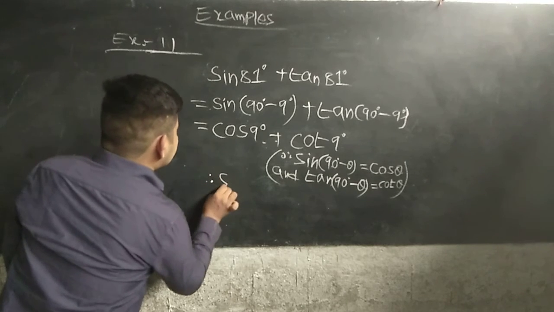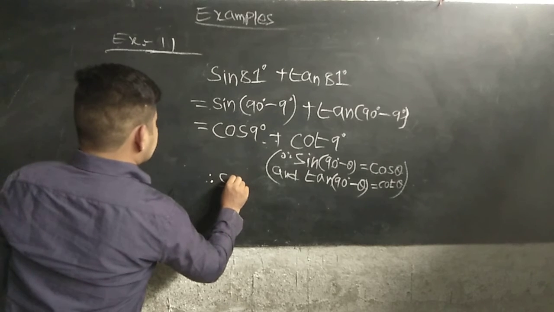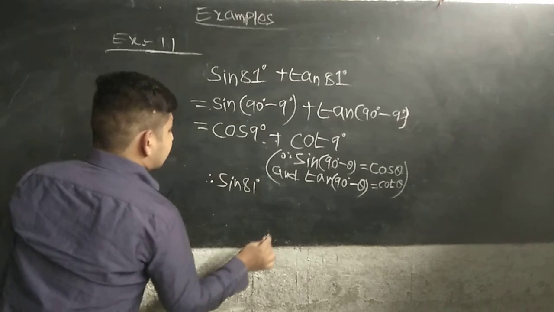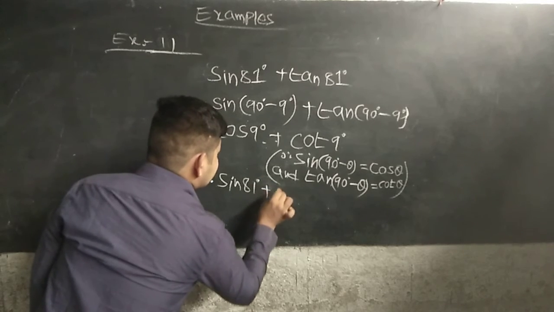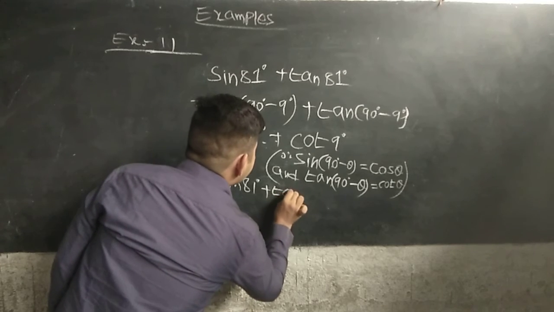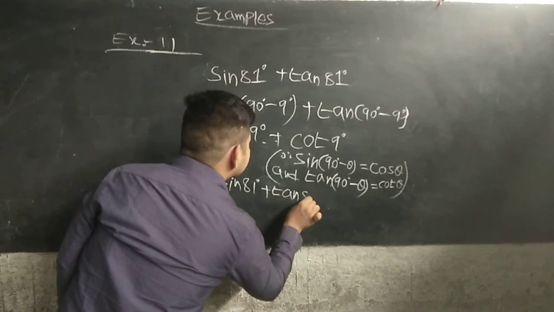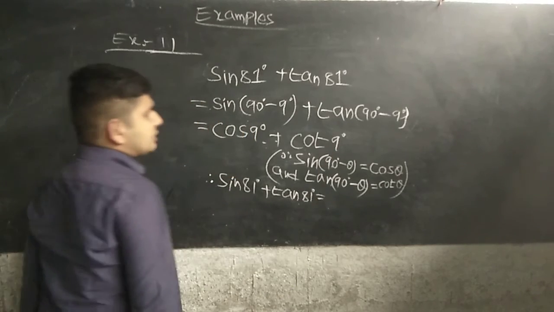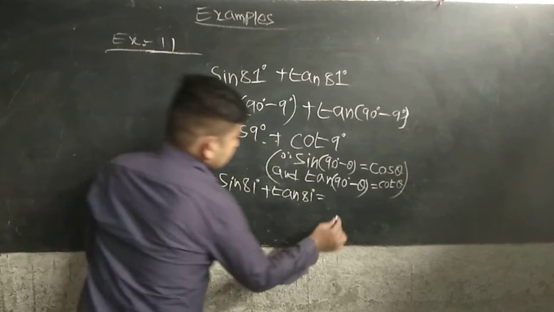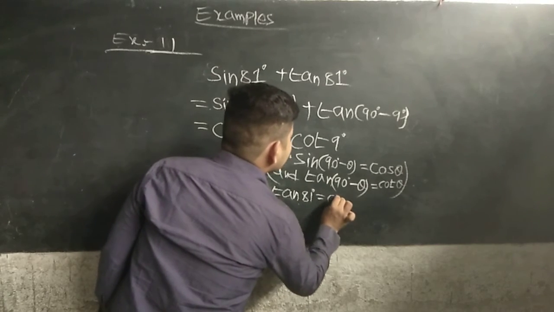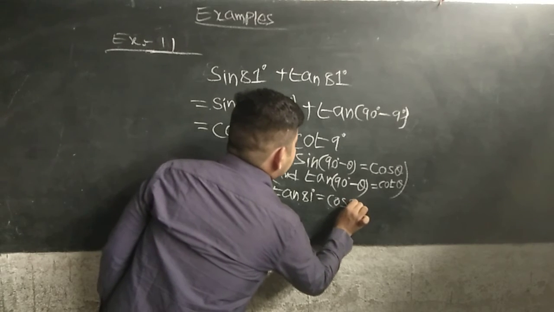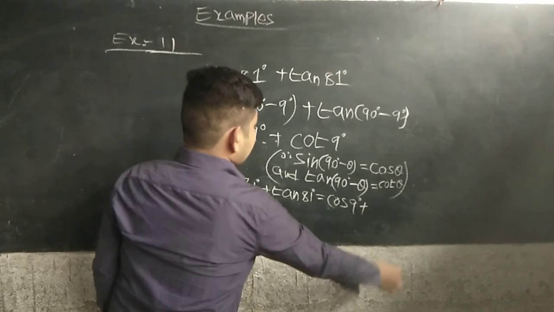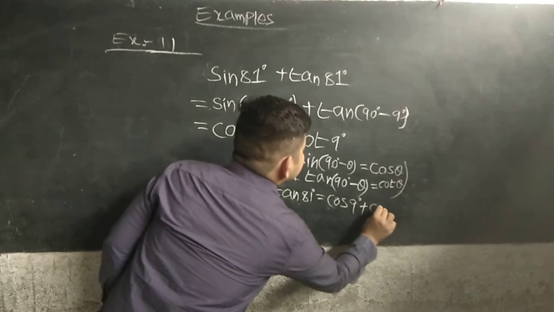Therefore, sin 81 degrees plus tan 81 degrees equals cos 9 degrees plus cot 9 degrees.